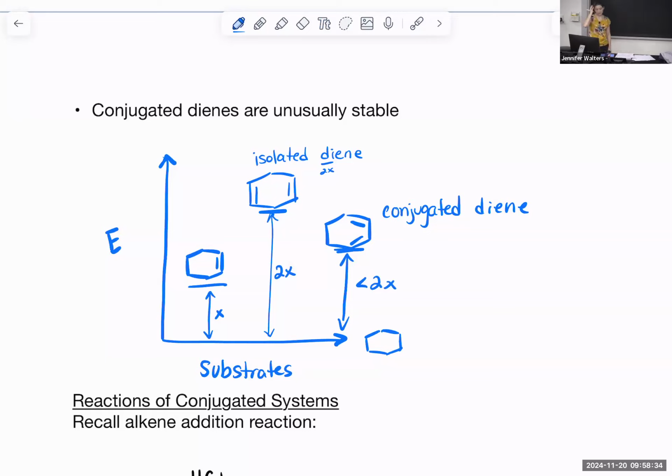I want to say this is like 120, 240, and this is like 200, I think, kilojoules per mole. But the point is that it's less. So it is this weird stability, getting to have that double single double, that is lowering that energy down.